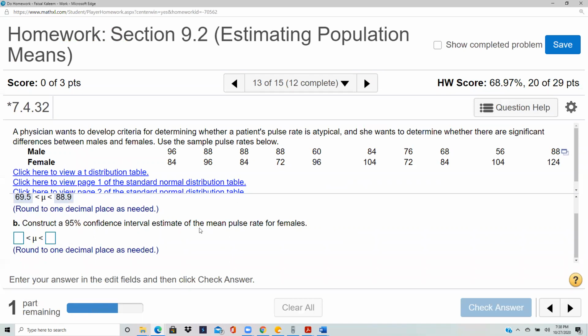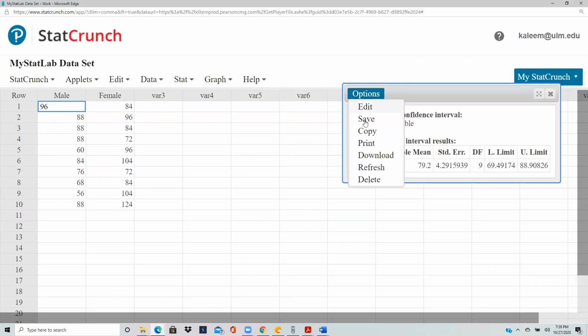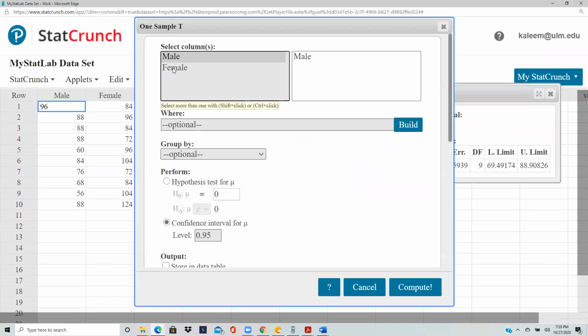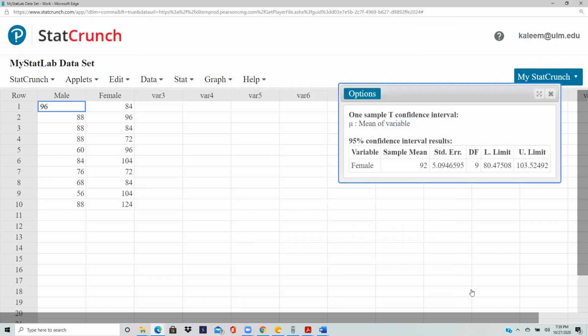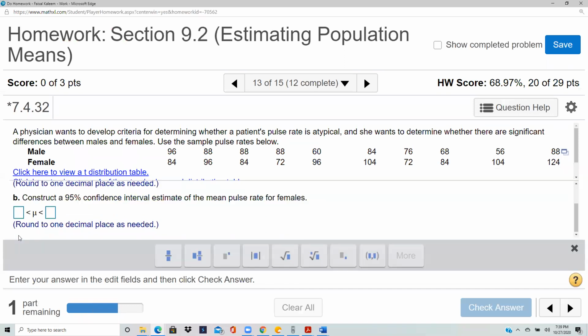And now you have to do it for females. So you do options, edit, and now select the female column. 80.5 to 103.5. 80.5.